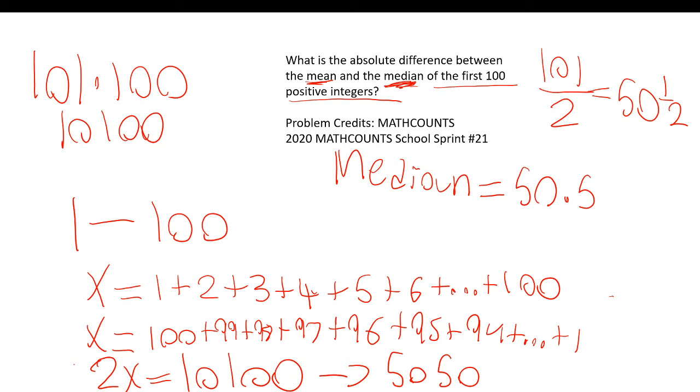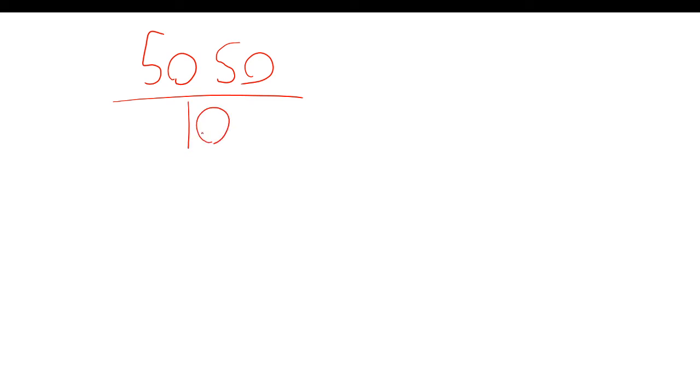We want the mean. And we're going to find the mean by dividing it by the number of elements. The number of elements is just 100. So now we have this divided by 100, right? Now, I'm not going to rewrite the division. I already know that 100 goes into 505 5 times, right? And then we're left with a remainder of 50.